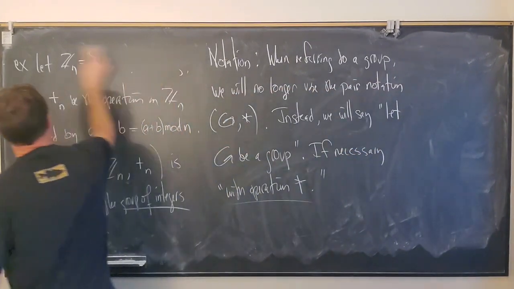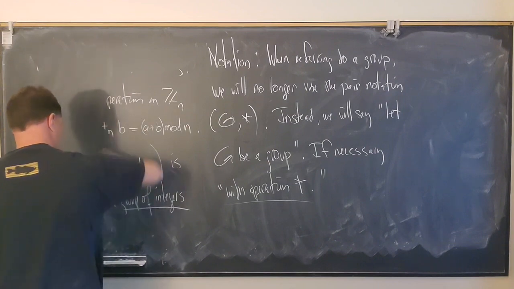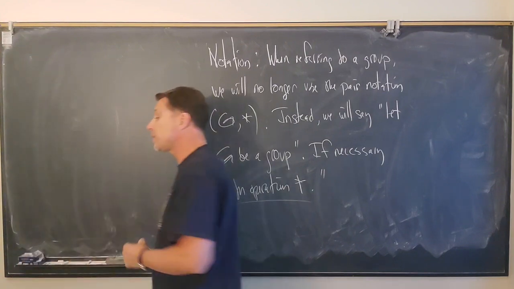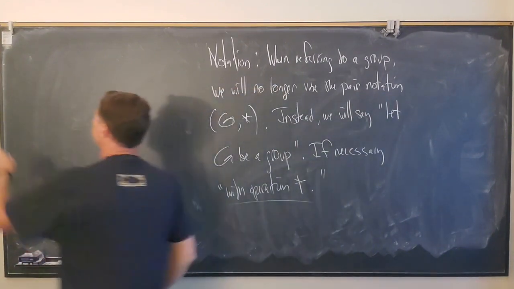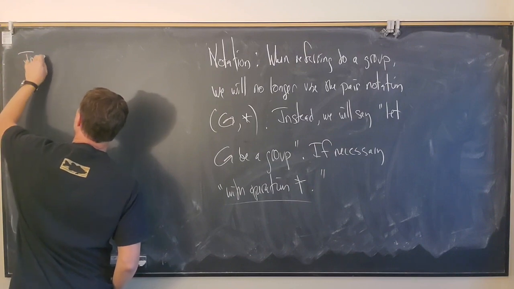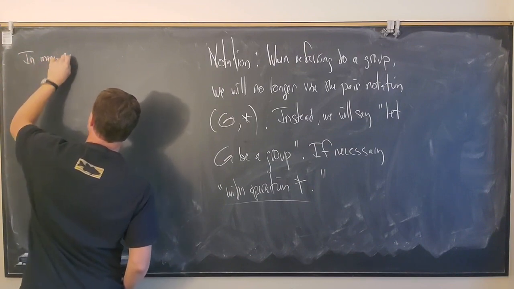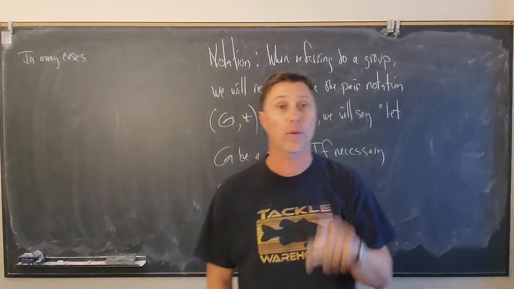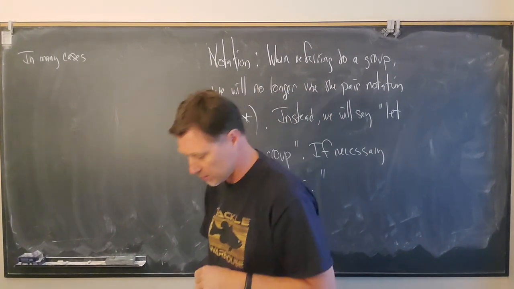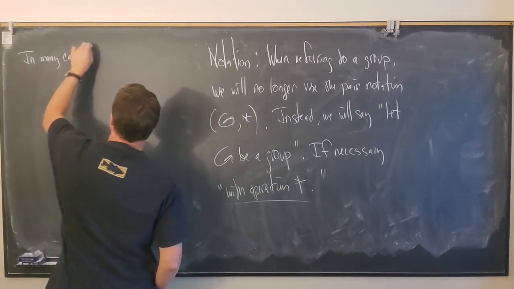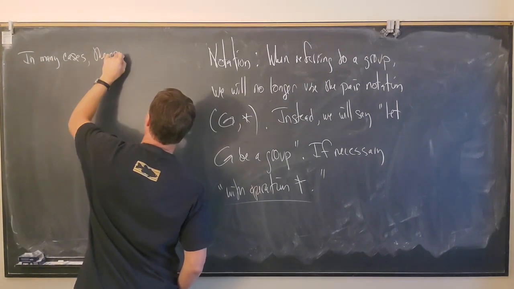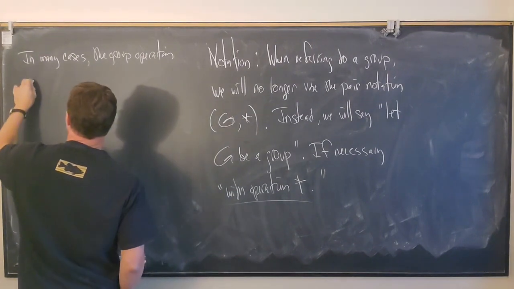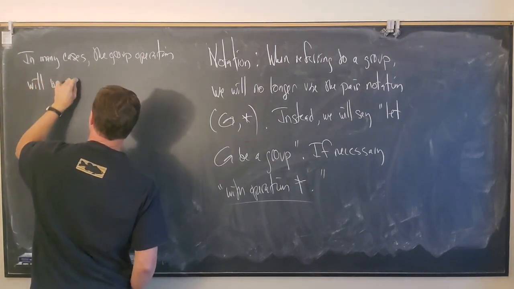Now, in many cases, as we start building up our list of familiar groups, the operation is going to be understood. So in many cases, we won't even need to specify the operation anymore because we've already seen that particular example and we know exactly what the operation is. So in many cases, the group operation will be understood.